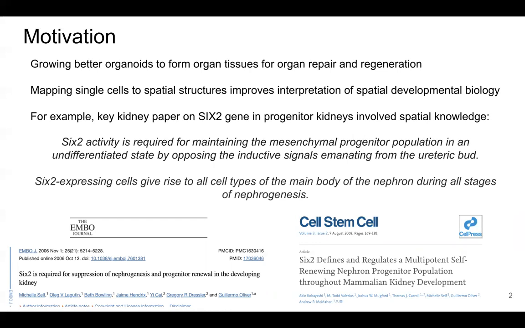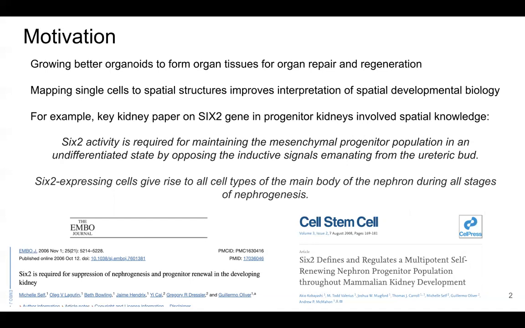So being able to map single cells to spatial structures definitely improves our interpretation of spatial developmental biology, and it would be able to map the genes and how they progress and evolve spatially under certain cues and directions in order to develop the organ tissue.